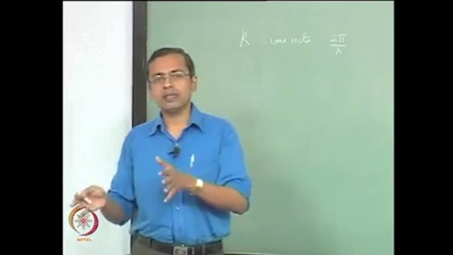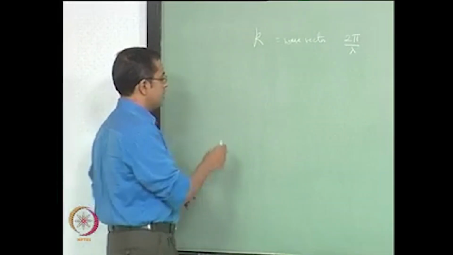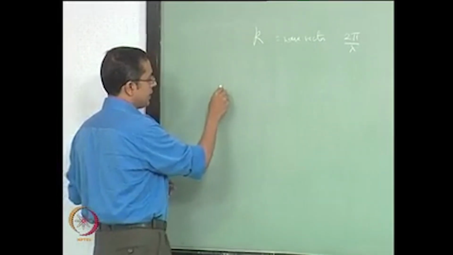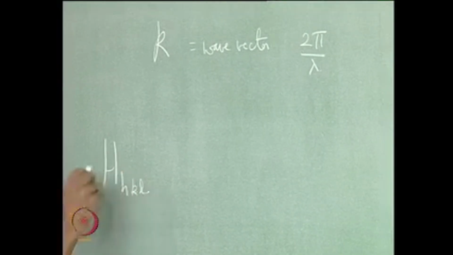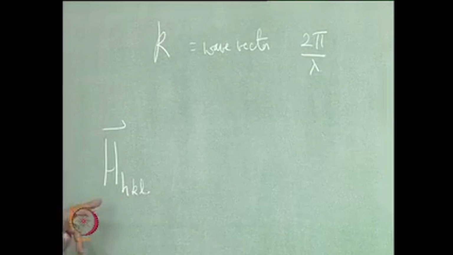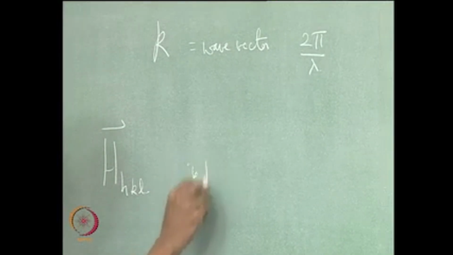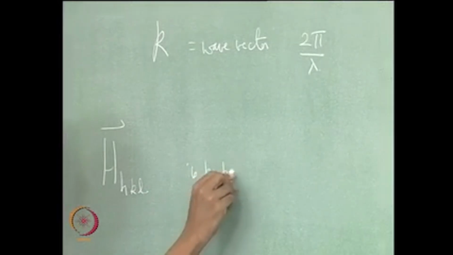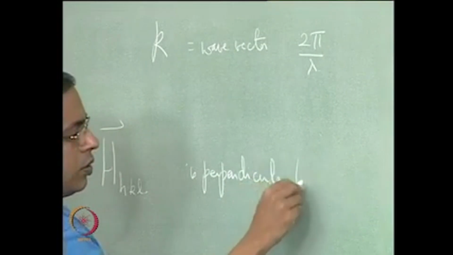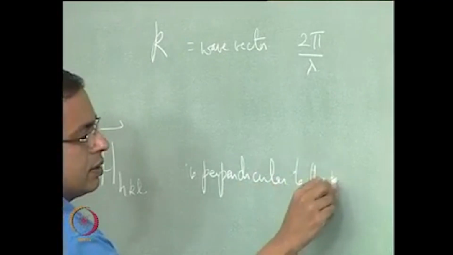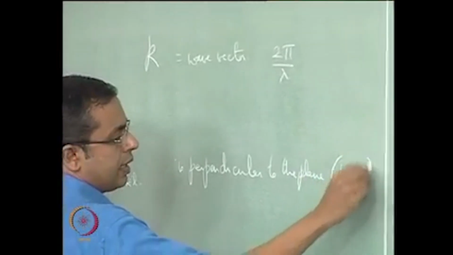On the basis of those definitions, we already found that, for example, in the reciprocal lattice the vectors are standardly designated using HKL, and the vector HKL we found is perpendicular to the plane HKL.